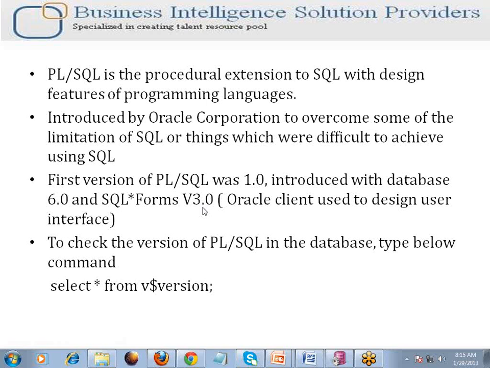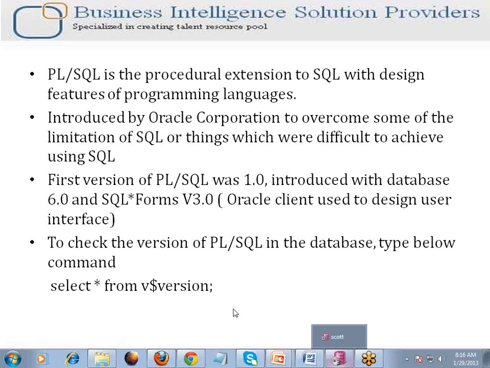If you are logged into your database currently, you can write select star from v$version, from where you will come to know your PLSQL version. 1.0 was introduced when Oracle 6 was there in the database world.